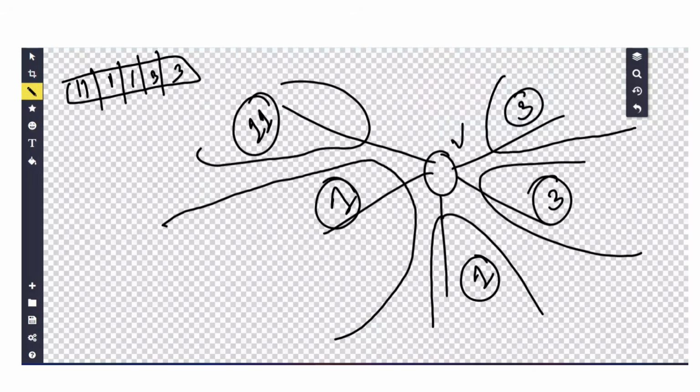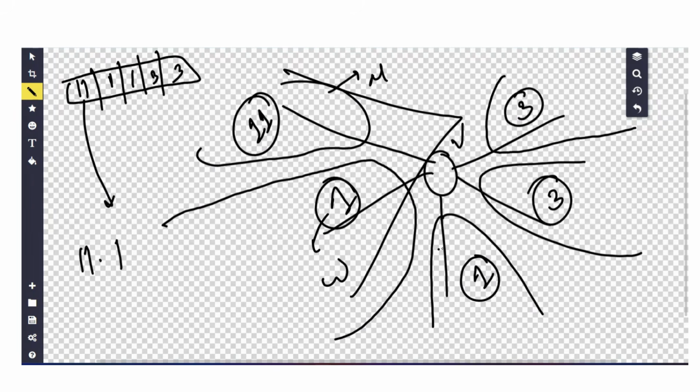What will be the final answer? The final answer is nothing but the product of all pairs. You can take a node from the branch with size 11, and you can take a node from another branch. So one possibility is 11 multiplied by 1. Take any node from the 11 and call it u, and take any node from this one and call it w. So u v w, like this.